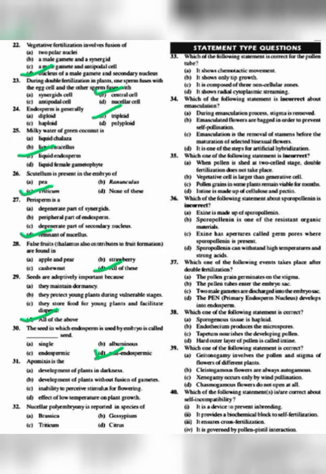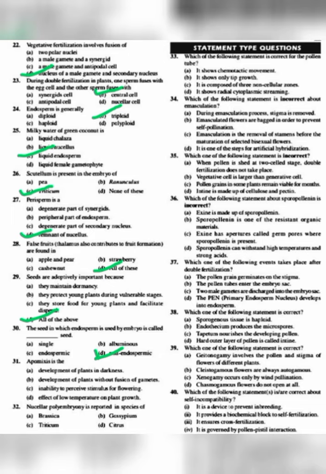31. Apomixis is A. development of plants in darkness, B. development of plants without fusion of gametes, C. inability to perceive stimulus for flowering, D. effect of low temperature on plant growth. So 31, what is coming? Apomixis is the production of seeds without fertilization. The term apomixis was given by Winkler in 1908. There are several ways of development of apomictic seeds. In some species, the diploid egg cell is formed without reduction division and develops into the embryo without fertilization.